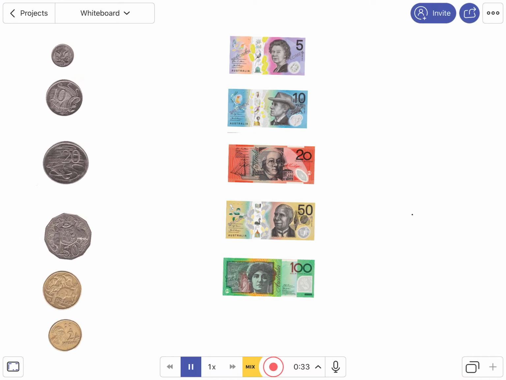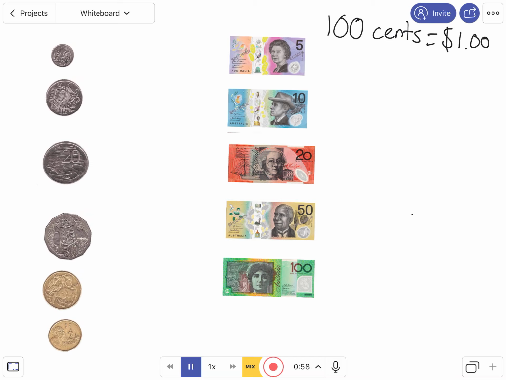Notes and coins can be broken down into dollars and cents. It is very important to know that 100 cents equals $1. But we will get into that more in another video.